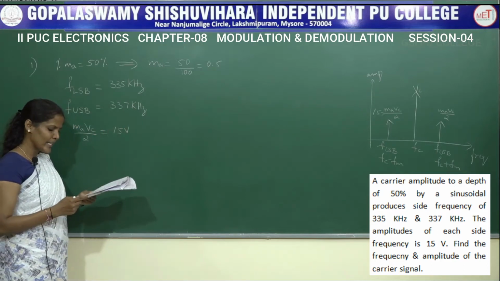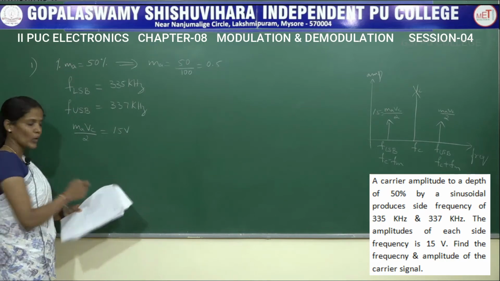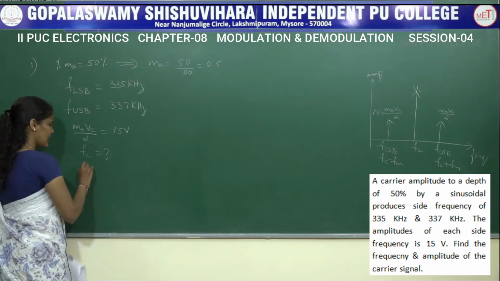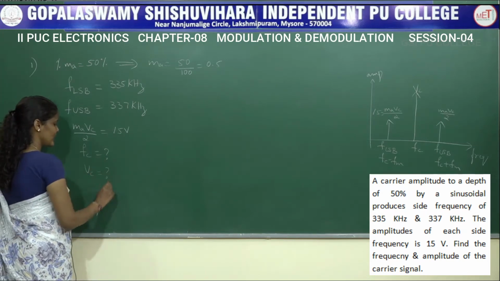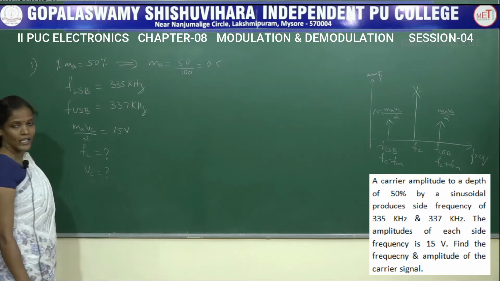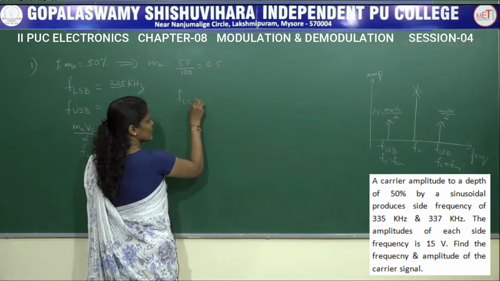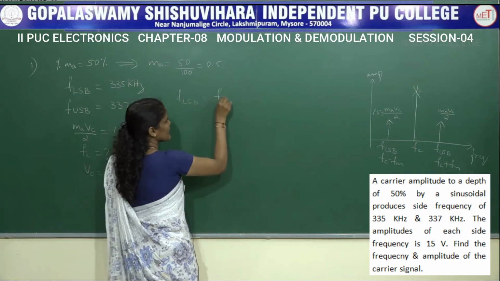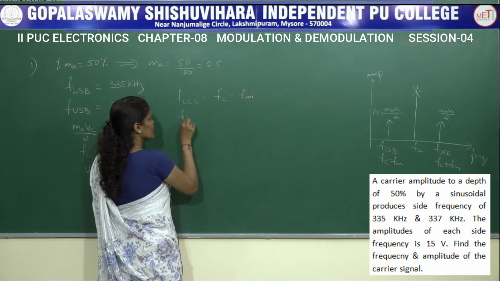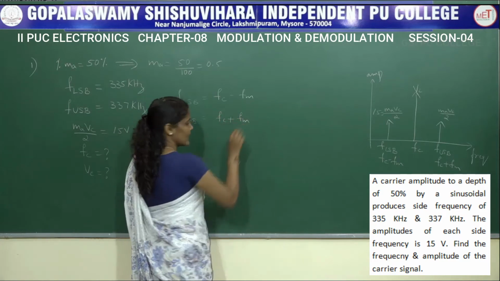Find the frequency and amplitude of the carrier signal. The frequency of the carrier signal is FC, and the amplitude of the carrier signal is VC. We have to find these two, that is FC and VC. FLSB is equal to FC minus FM. FUSB is equal to FC plus FM.